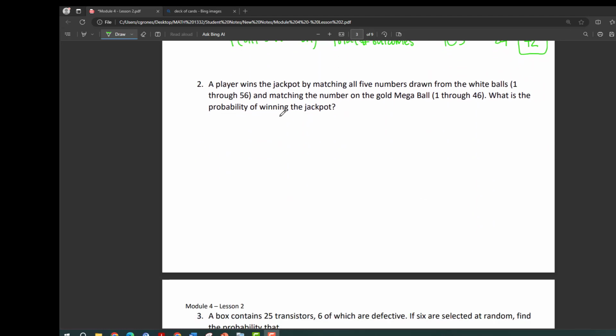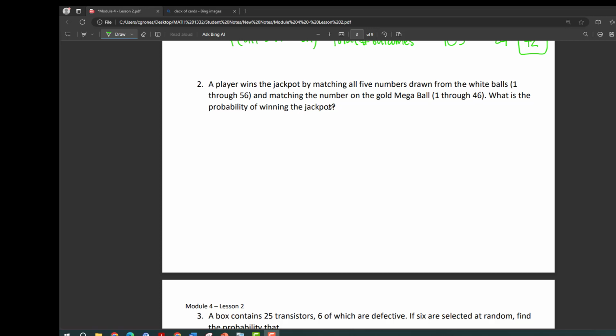All right, number 2. A player wins the jackpot by matching all 5 numbers drawn from the white balls, 1 through 56, and matching the number on the gold mega ball. So this is kind of like the Powerball lottery that we know. And it says, what is the probability of winning the jackpot?